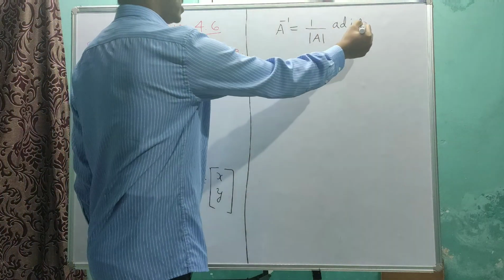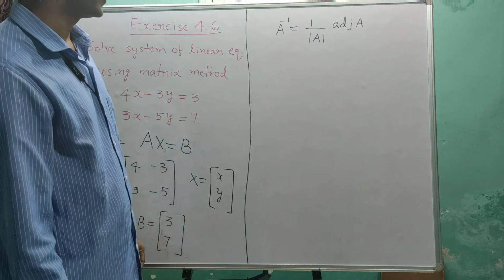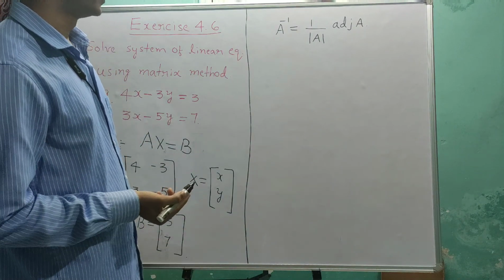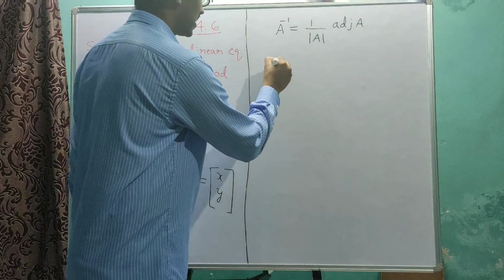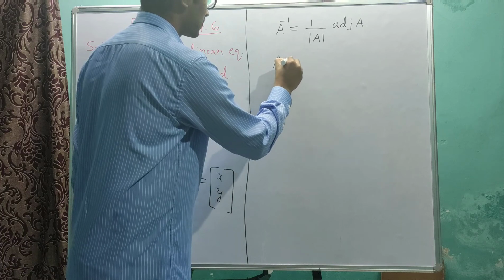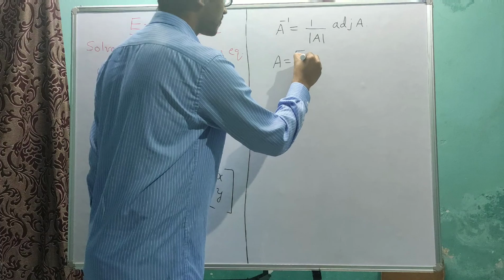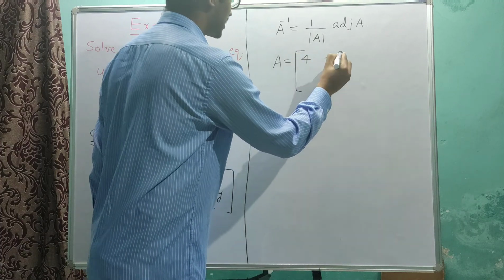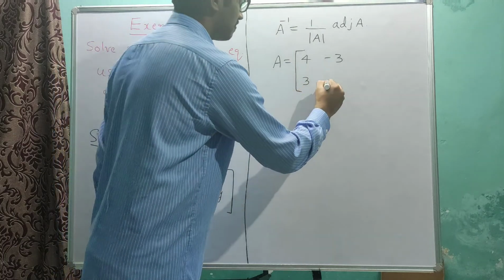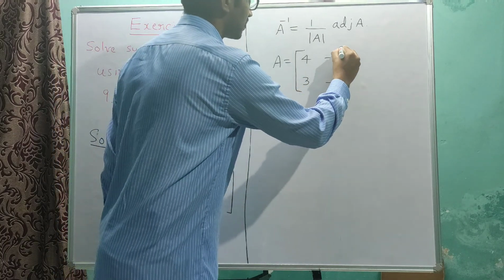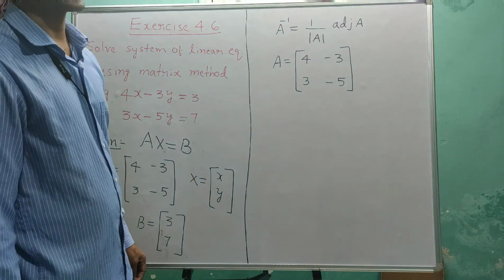So let us compute the adjoint of A. To find the adjoint of A, we need to find the cofactor matrix. Here the given matrix A is 4, minus 3, 3, minus 5. So now compute the cofactors.